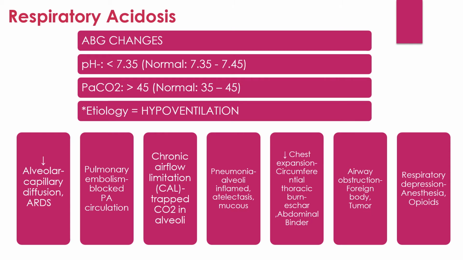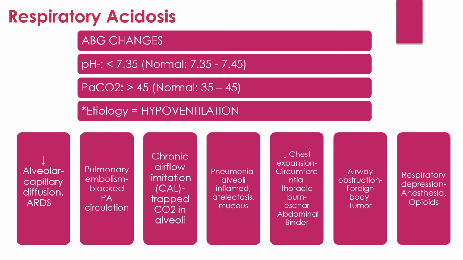Pulmonary embolism, they could have a blocked pulmonary artery, so they have decreased circulation. Chronic airflow limitations, which would be like COPD, cystic fibrosis, pulmonary fibrosis. So they have trapped CO2 in their alveoli.